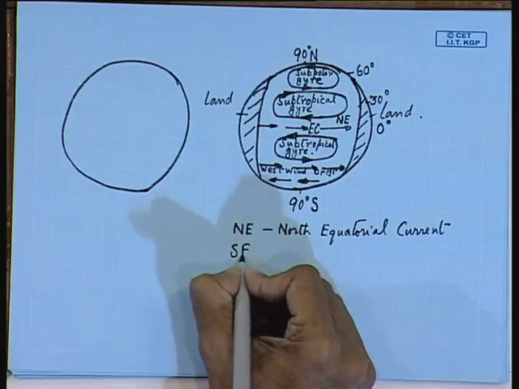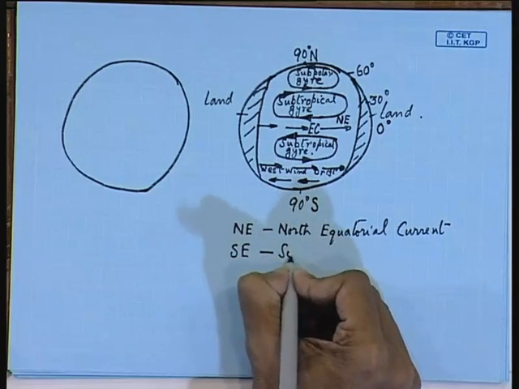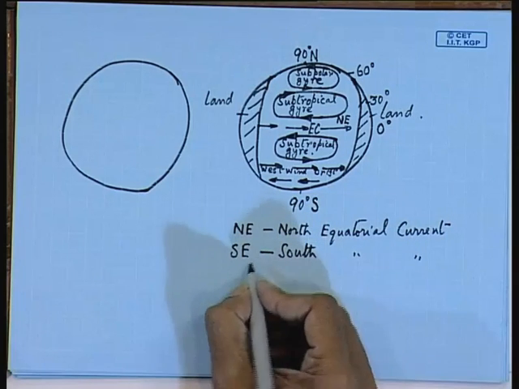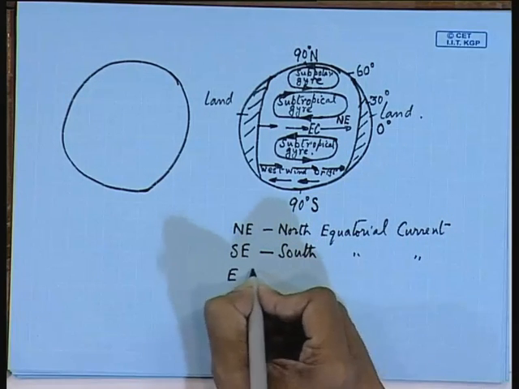SE stands for South Equatorial. And EC is Equatorial Counter Current.